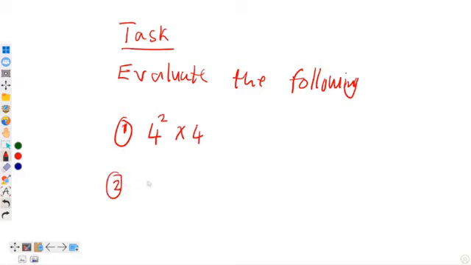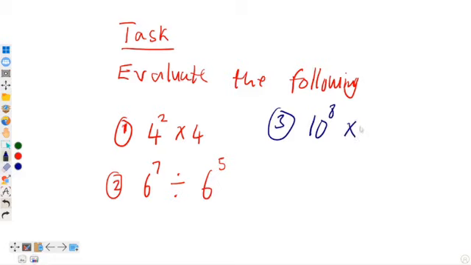Number 2, if you have 6 power 7 divided by 6 power 5. You need to evaluate. Number 3, let's say you have 10 power 8 times 10.